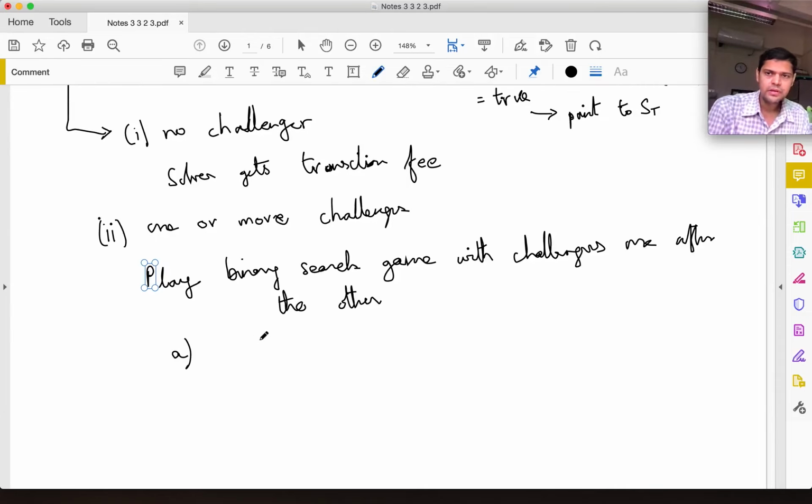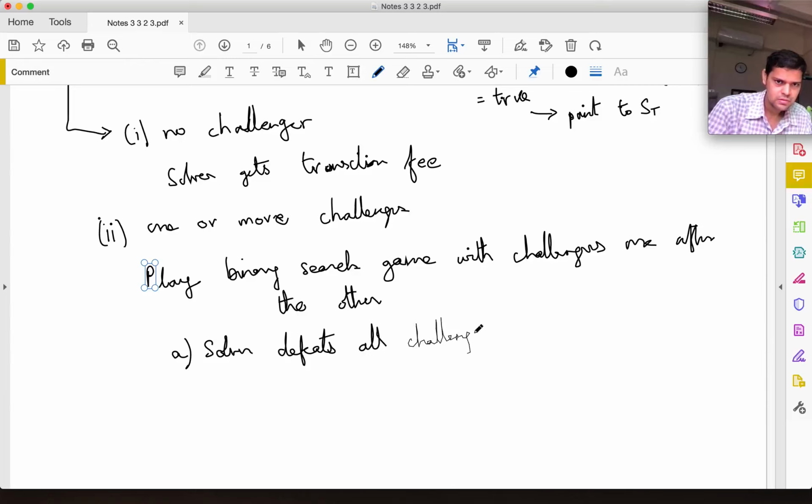Suppose the solver defeats all the challengers. Then of course the solver gets the entire transaction fee.